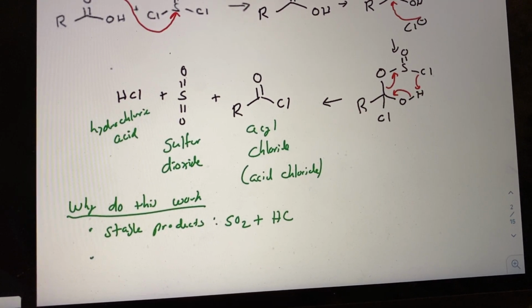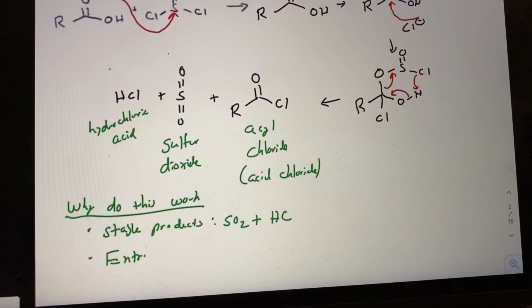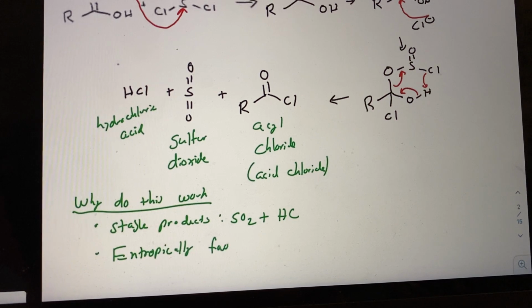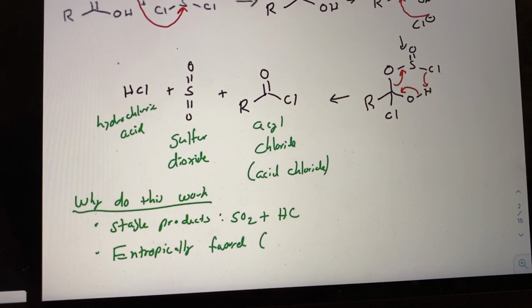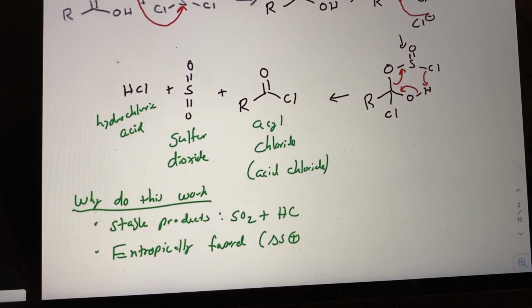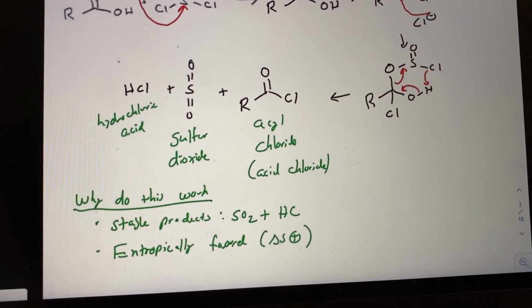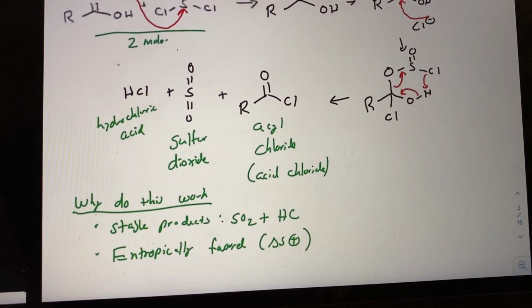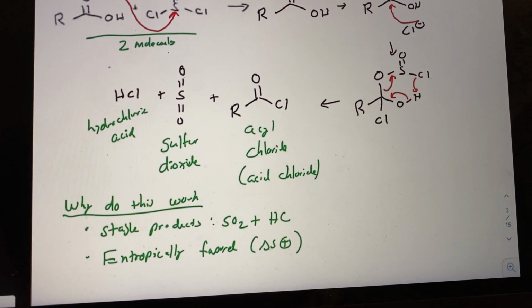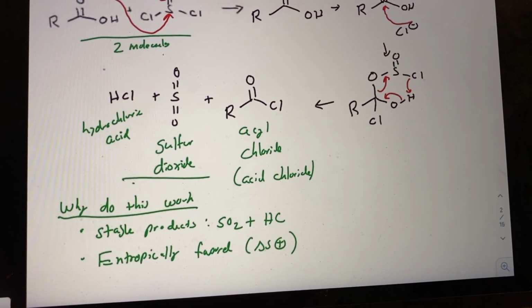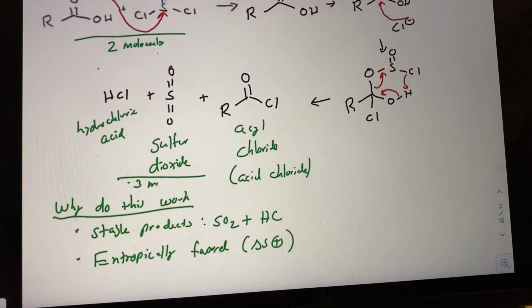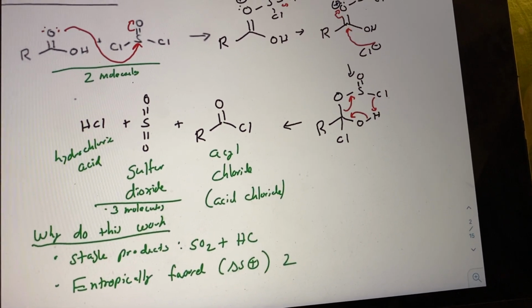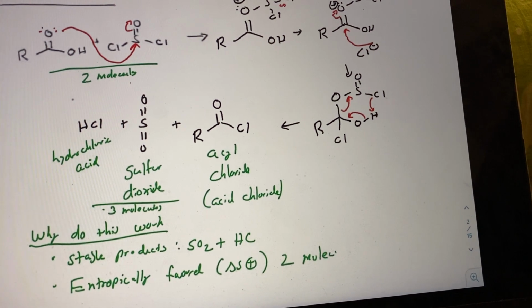And then two, this is entropically favored. In other words, delta S is positive. So entropy is favored because we're starting with 2 molecules and we end up with 3 molecules down here. So 2 molecules into 3.